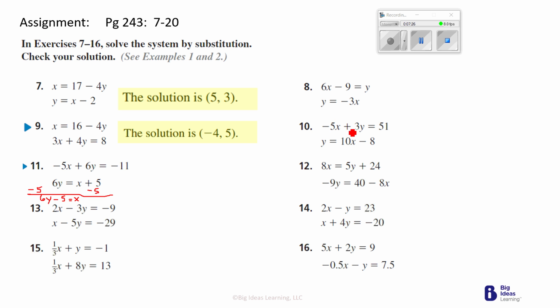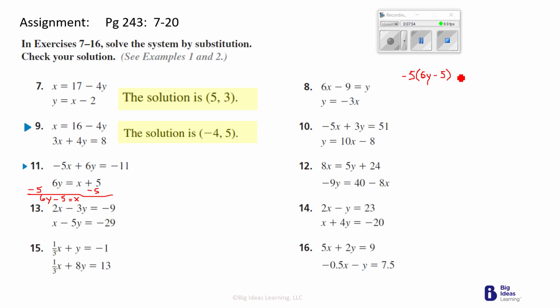So let's see, we had negative 5, and that's supposed to be multiplied to x. But now we know x is 6y minus 5.